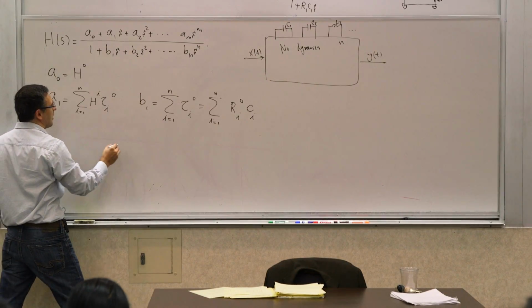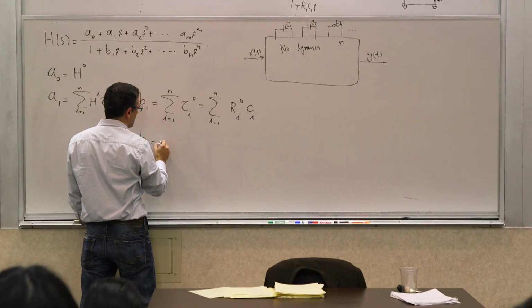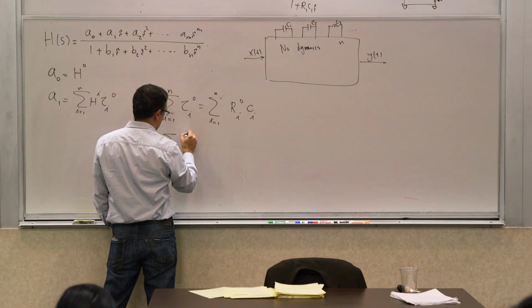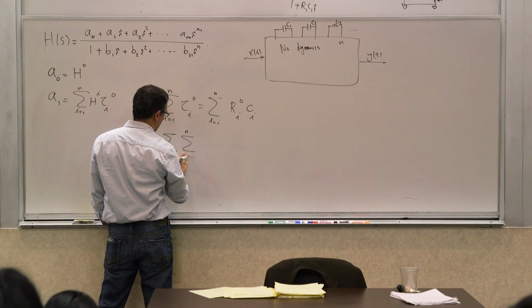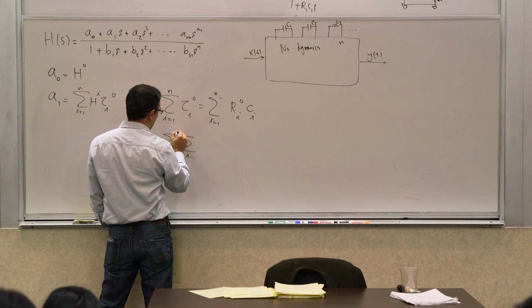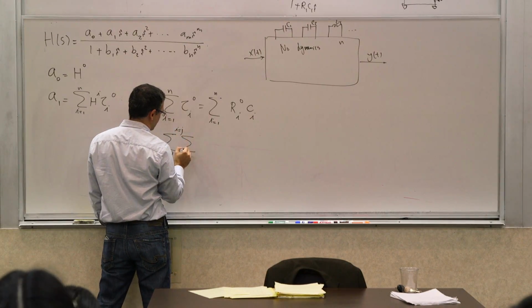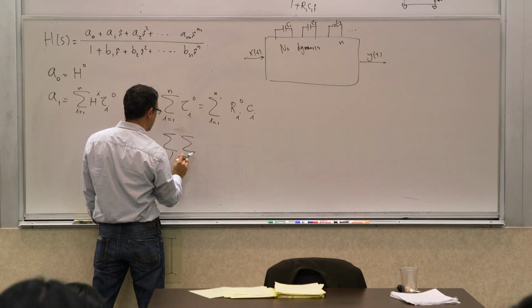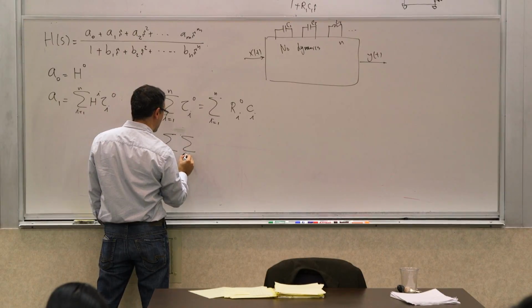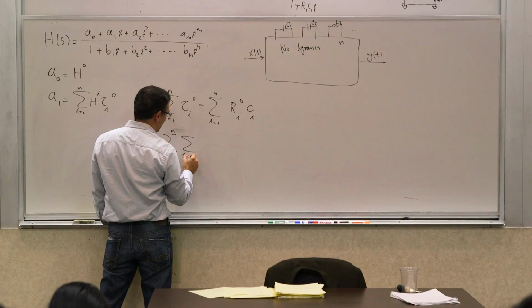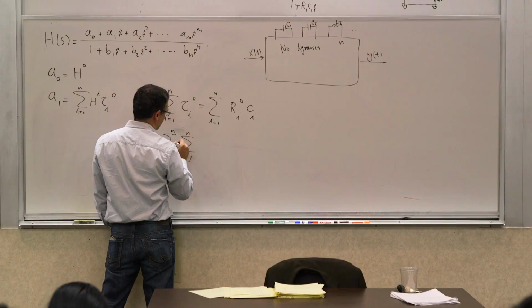And then you can show that B2, for example, is a double sum over i and j, where i is not equal to j, or i is smaller than j, with j going from 1 to n and i going from j to n.